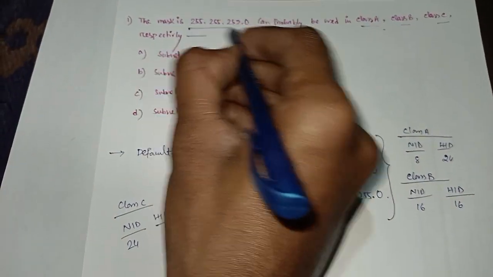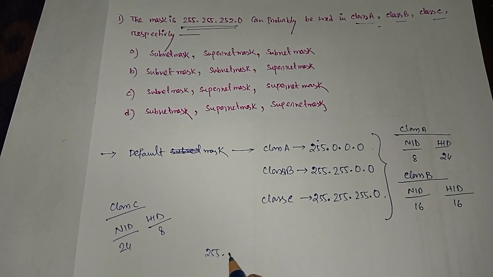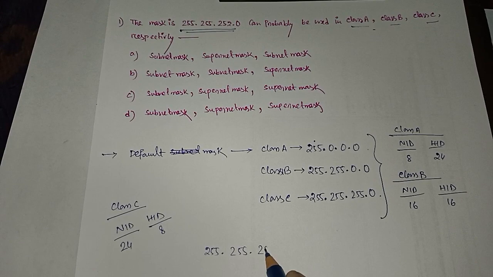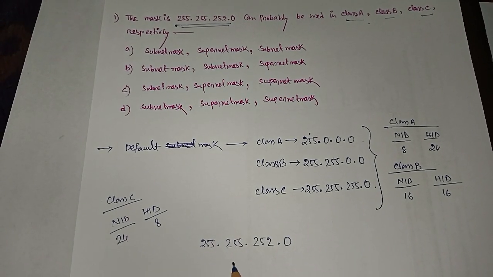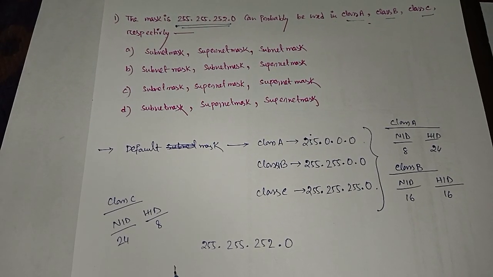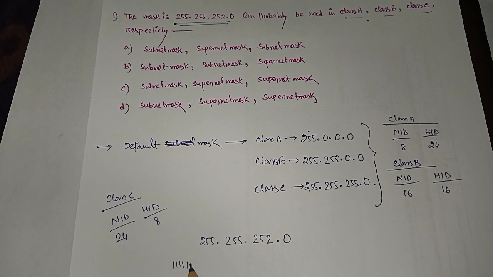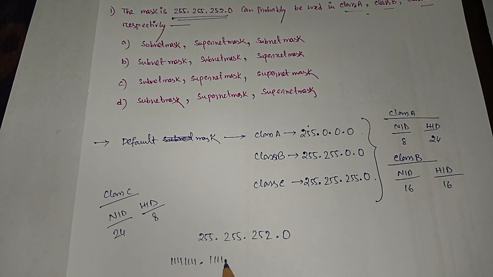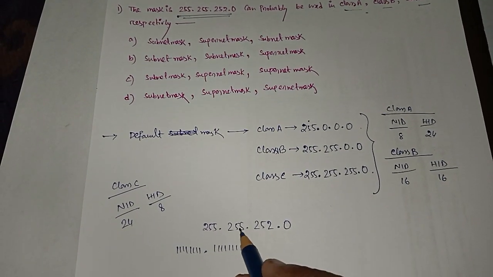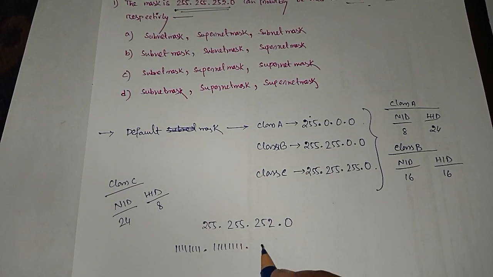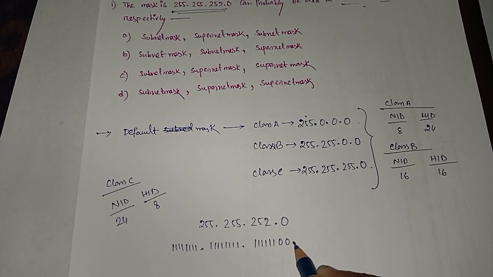So the mask in the given question is 255.255.252.0. If we calculate this in binary form, 255 means 8 consecutive ones. Then 255 again. 252 means 3 less than 255, so the last 2 bits are 0, so we get 6 consecutive 1s and the last 2 bits are 0.